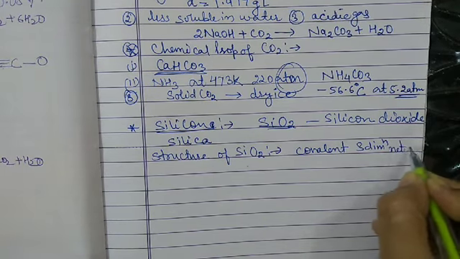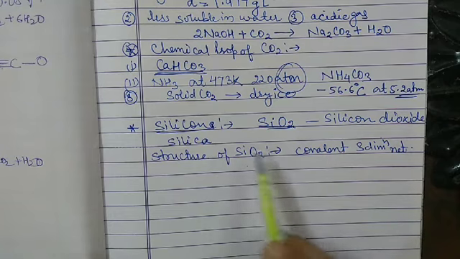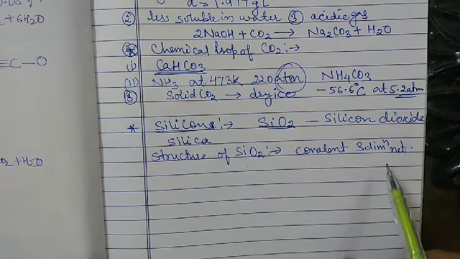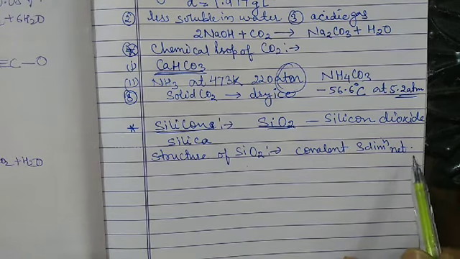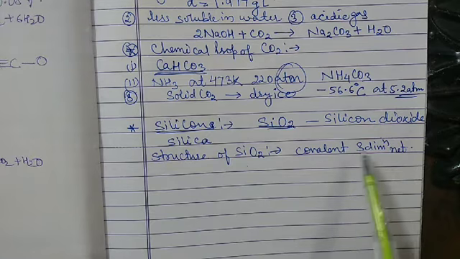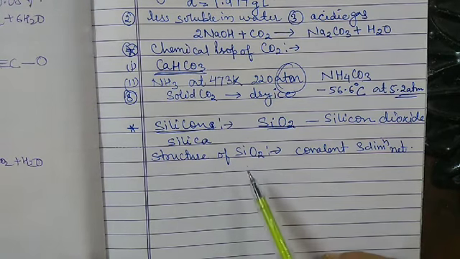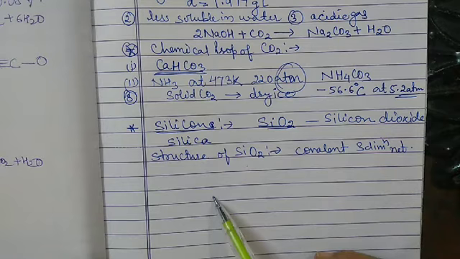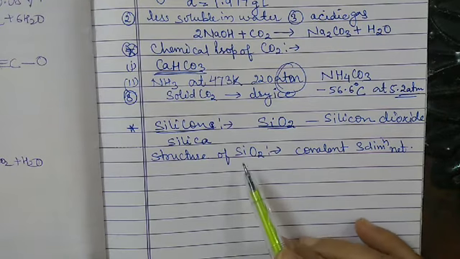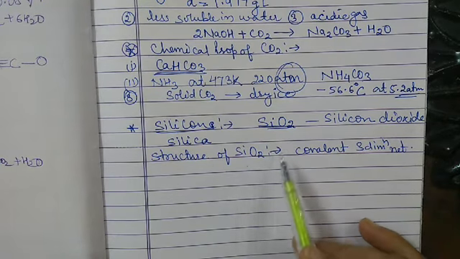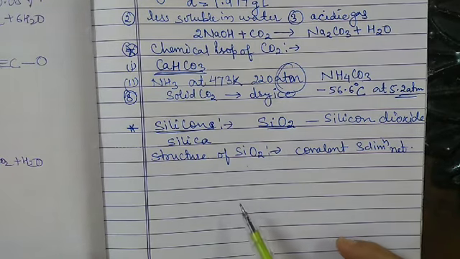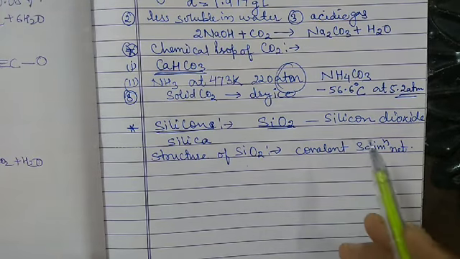Silicon dioxide is a covalent three-dimensional network solid, and in its structure each silicon atom is surrounded tetrahedrally by 4 oxygen atoms, and each oxygen atom is bonded covalently with 2 silicon atoms.